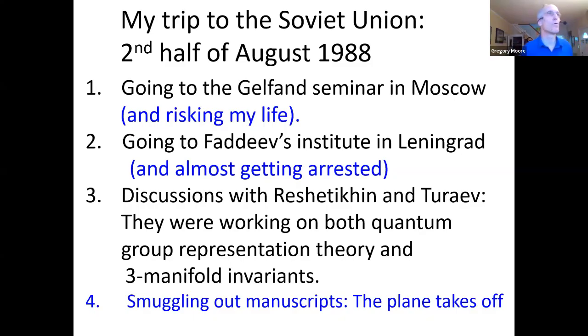And Alexei smoothed over the situation. And I lectured at Faddeev's Institute, again, about the same topics. I do remember I had discussions with Reshetikhin and Turaev. I remember they were working on both quantum group representation theory and three-manifold invariants, but unfortunately, I just cannot remember anything more about those discussions.